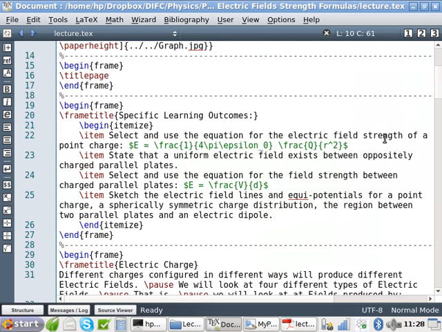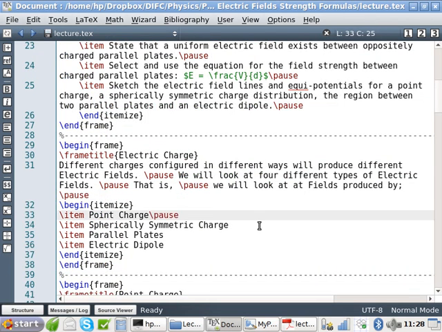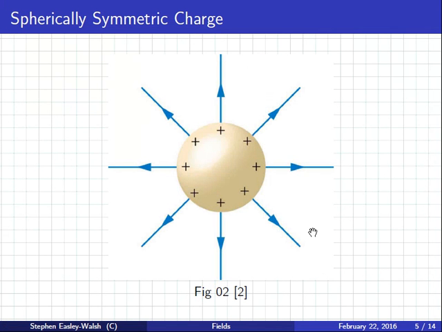I just want to fix something here so I don't forget. Alright, the next one. The parallel plates, I think, is next. Yep.